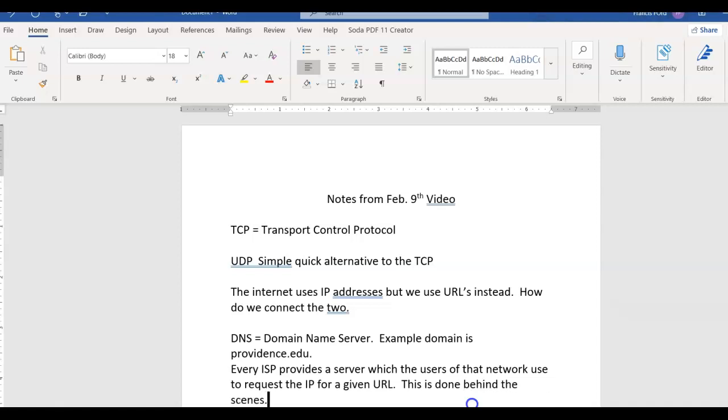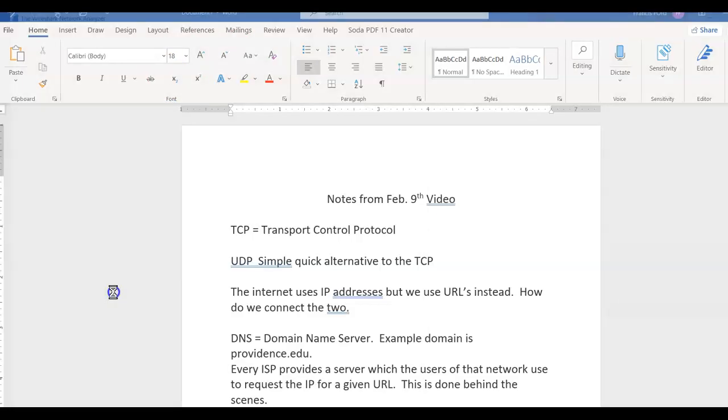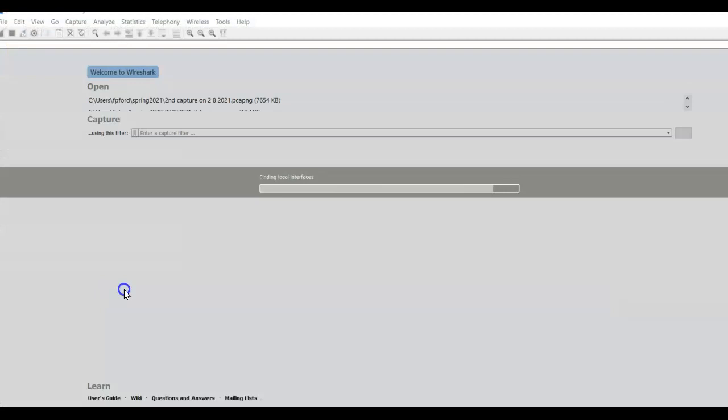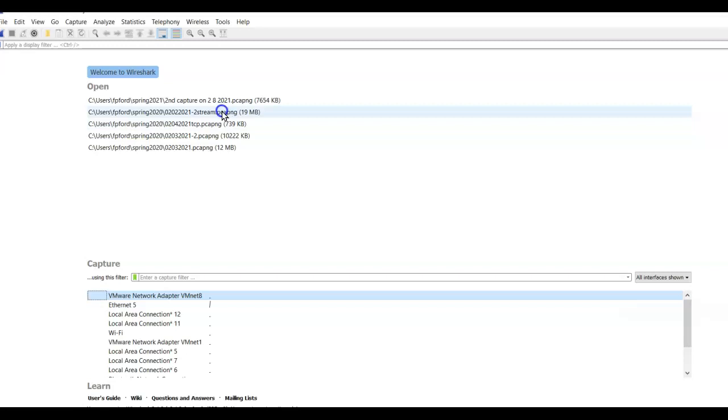However, we can look at it, and that's what I'm going to do right now. I'm going to bring up Wireshark, and bring up one of the captures I have out there so we can look at it.